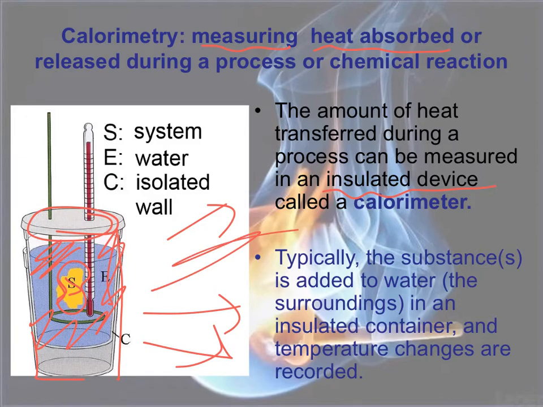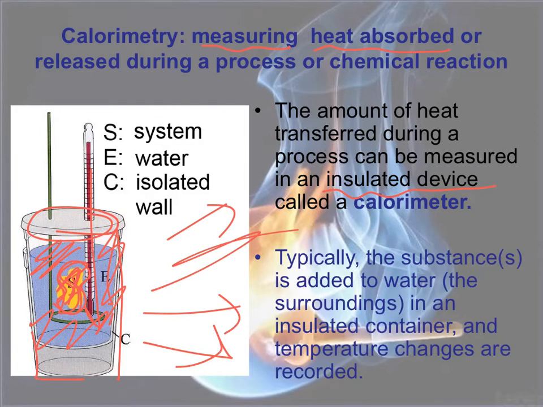Typically, since you can't usually measure the exact energy change of the system itself, it's a bunch of submicroscopic molecules, atoms, etc., you can't put a thermometer and have it measure the temperature of molecules. So typically what we do in a calorimeter is we dissolve the chemical system in water, and it's very easy to measure temperature changes of water.